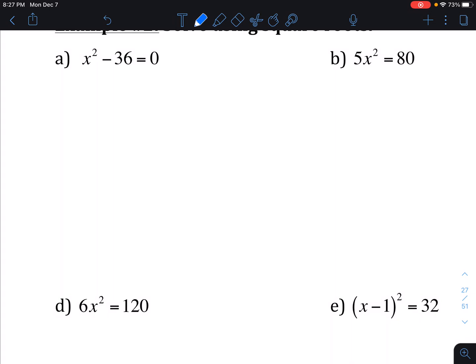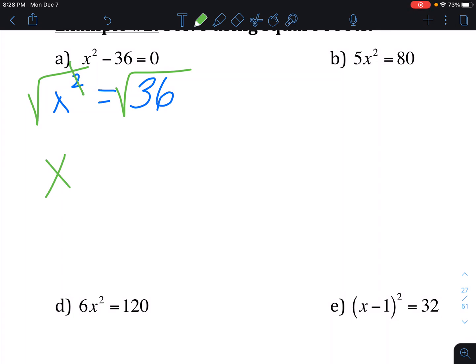Setting it equal to 0, that's when you're factoring to solve. In solving by square roots, we want the x squared term by itself. So what are we doing here? We're adding 36. Our next step is we square root both sides to get rid of the exponent. Okay, it gets rid of the exponent.